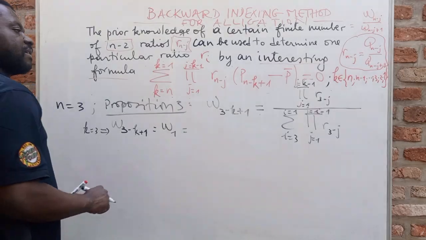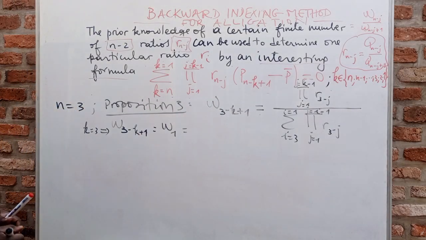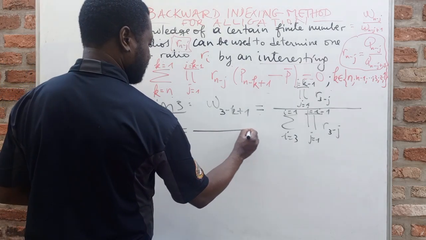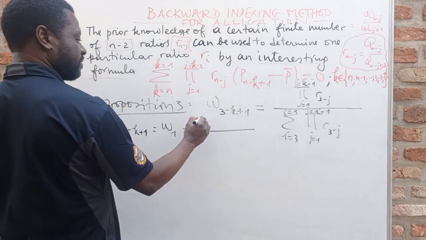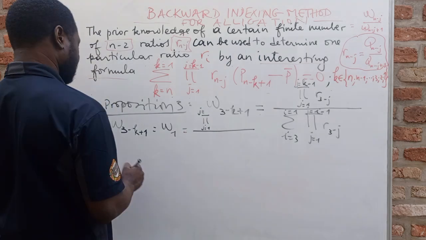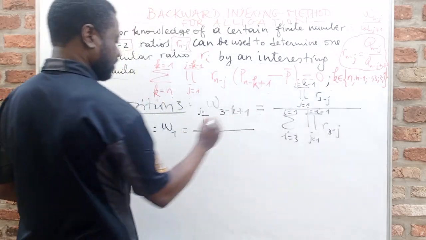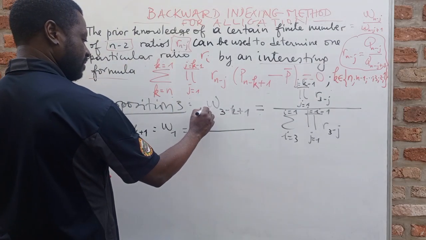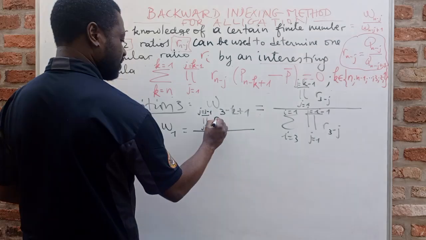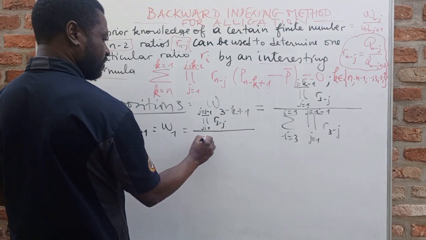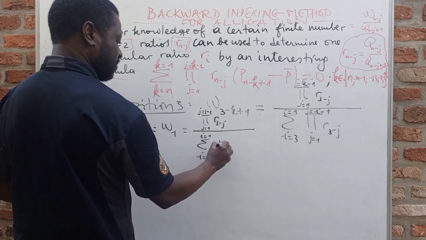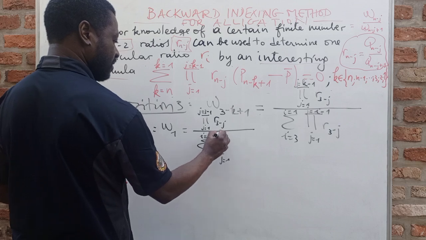And this omega 1 can be expressed in terms of the product of ratios. So here, this fraction will be the product from j equal to 1 until j equal to k minus 1, that is 3 minus 1, of r sub 3 minus j, over the sum from i equal to 3 until i equal to 1 of the product for j from 1 until j equal to i minus 1.